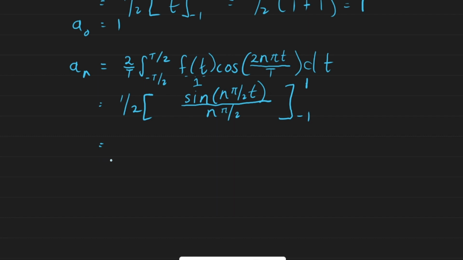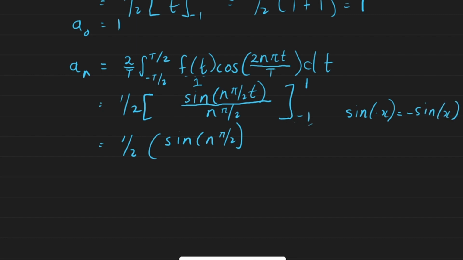So proceeding in this manner, we're going to substitute all of these things in. We have a half into sine, and we substitute t is equal to 1, so we're just going to get n pi over 2. We have to remember here that sine of minus x is equal to minus sine x.